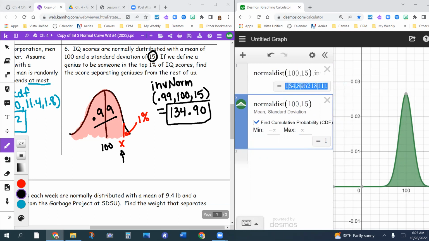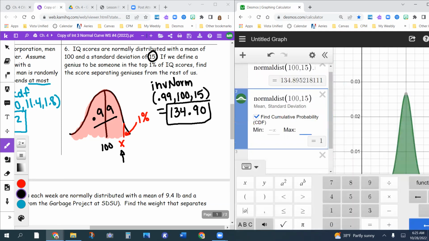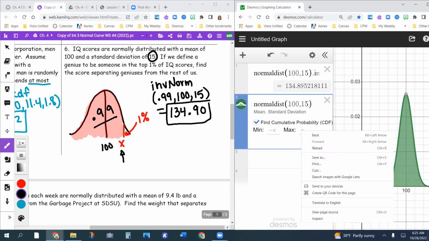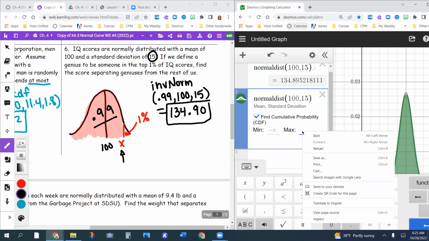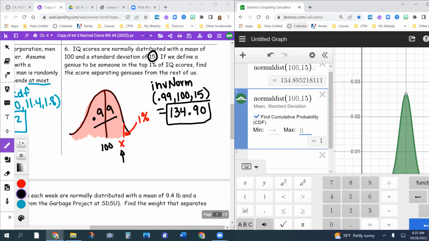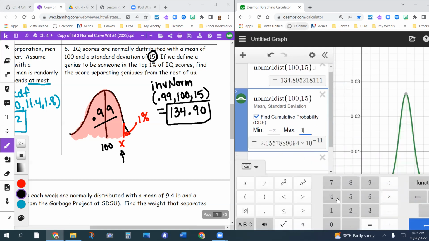It's not letting me paste it, so I'll just type it in, 134.895.